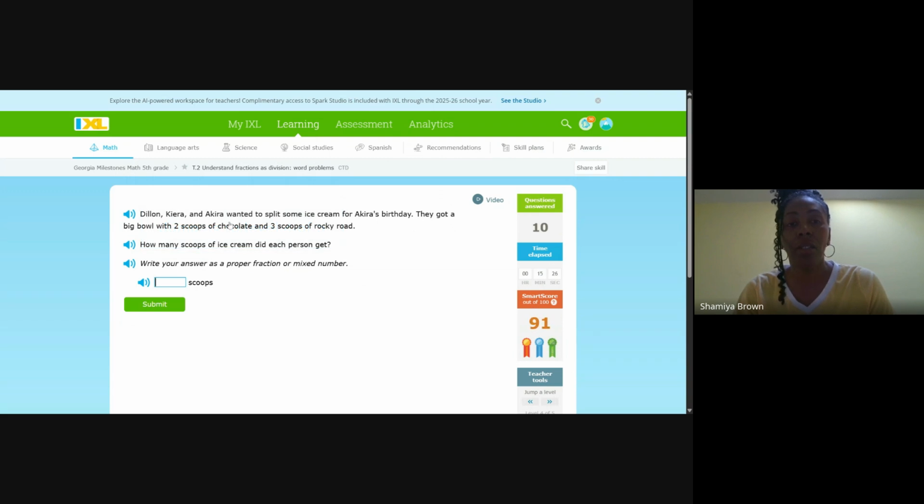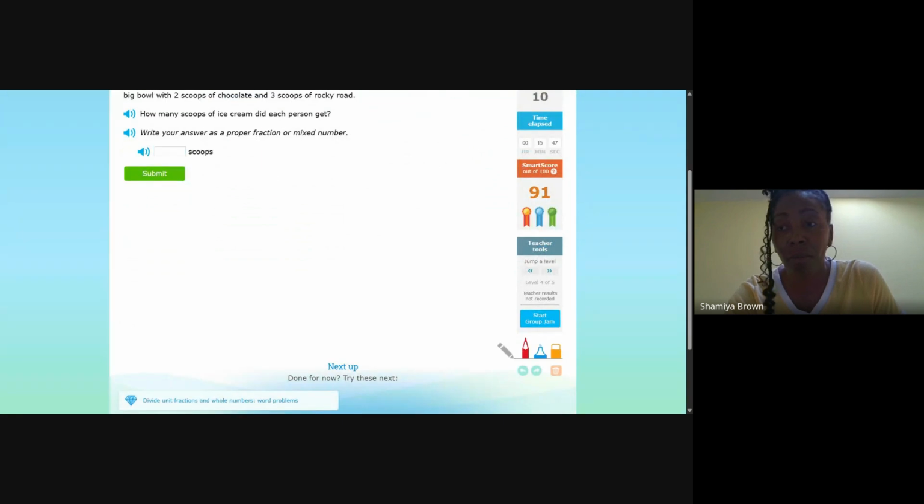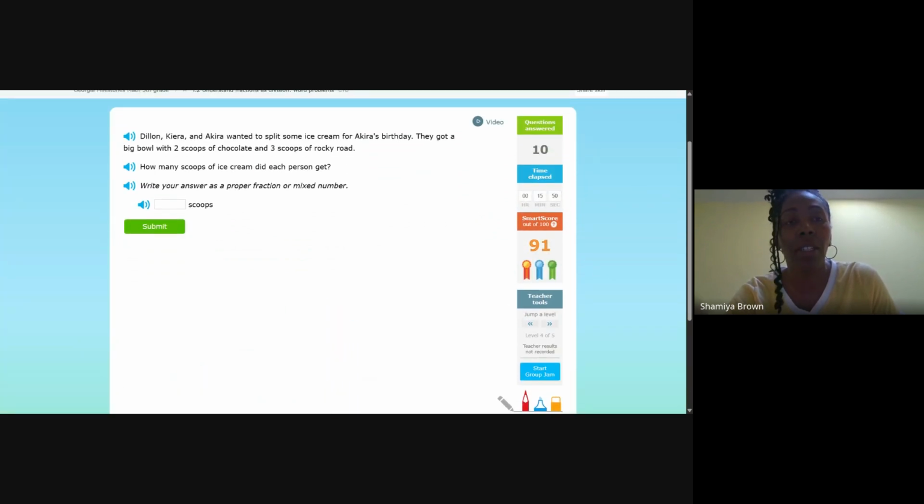Dylan, Kira, and Akira wanted to split some ice cream for Akira's birthday. They got a big bowl with 2 scoops of chocolate and 3 scoops of Rocky Road.